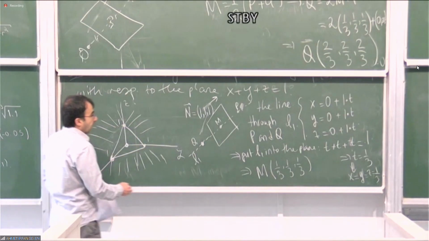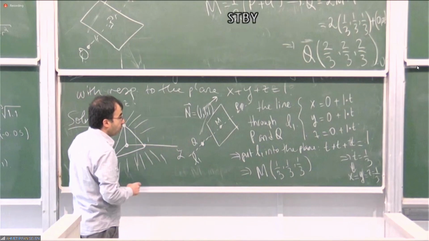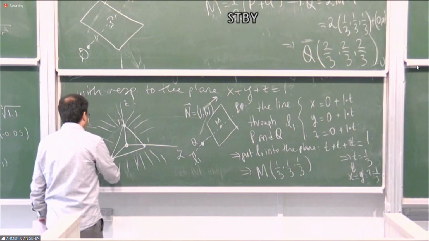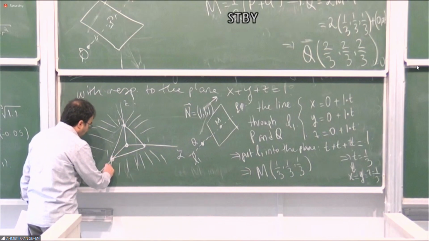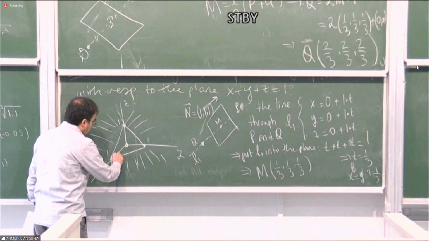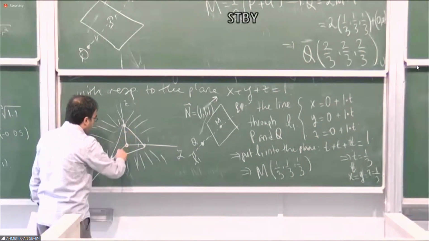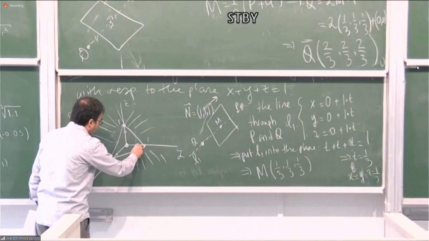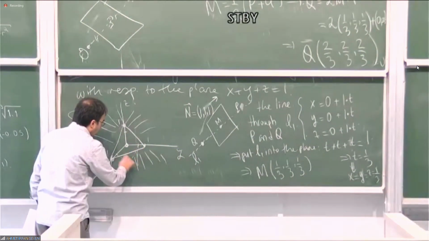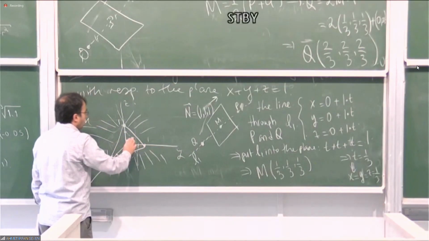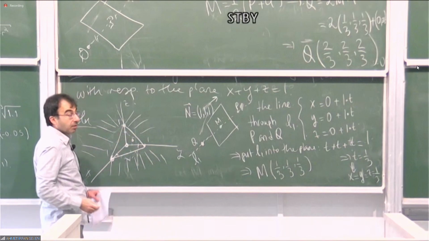It turned out to be 2 over 3, 2 over 3, 2 over 3. If this is 1, then 2 over 3 will be somewhere here, but not on the plane. It's on the other side.